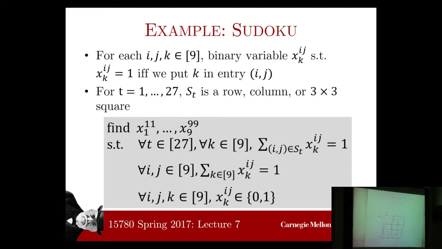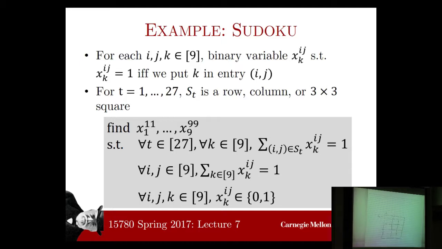Mathematically, for each one of my 27 sets, rows, columns, and squares, and for every number k between 1 and 9, I need the sum over all entries ij in the set of x^{ij}_k to be equal to 1.